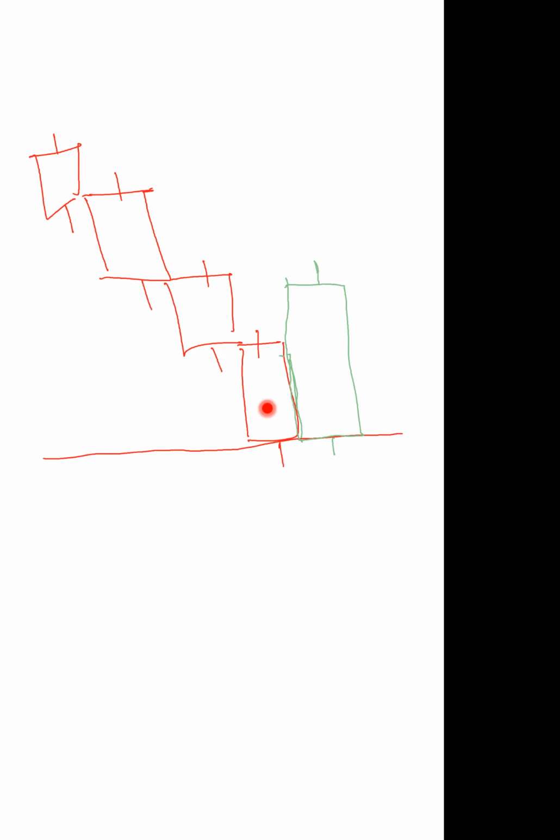So that means at this point, the sellers have lost momentum. At this point, the buyers are so strong that they have given us a candle that pushes above, and it closes above the open of the previous candle. So we call this bullish engulfing.